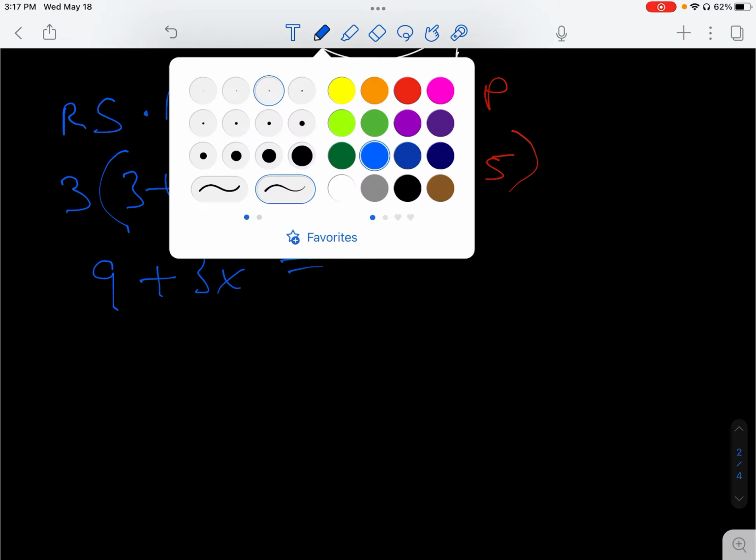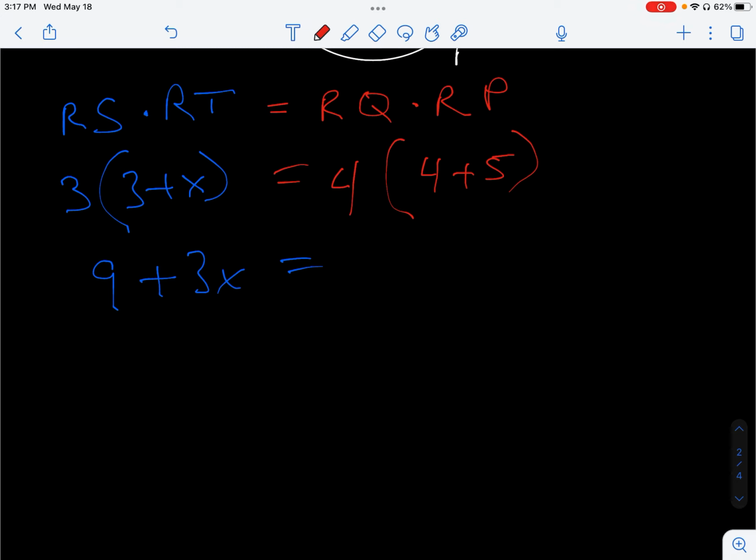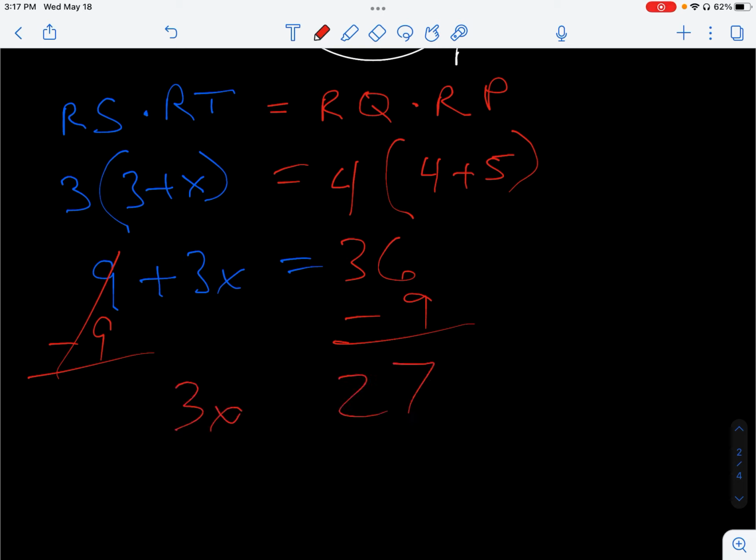And that's going to equal 4 plus 5 is 9, times 4 is 36. So we'll subtract 9 from both sides. 3x equals 27, so x equals 9.